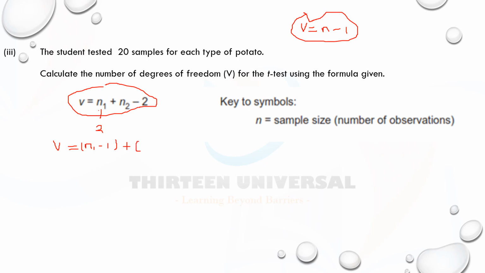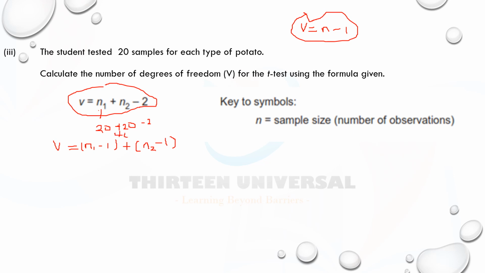No, it's not a typo. It's the same thing. Either you do it this way or that way, it will give us the same formula. So this is 20. If you like, I can try 20 plus 20, minus 2. The same thing, guys. 20 plus 20 is 40.